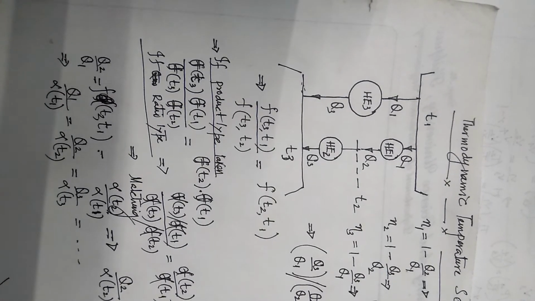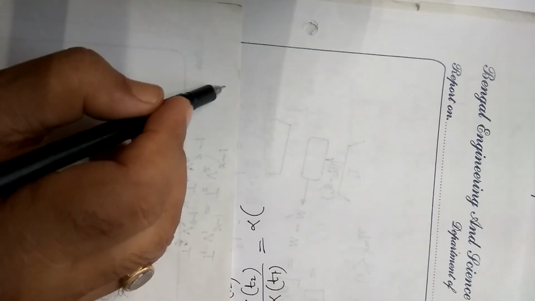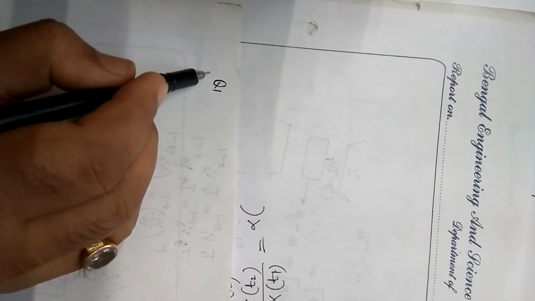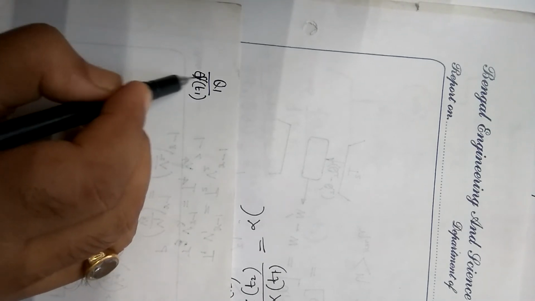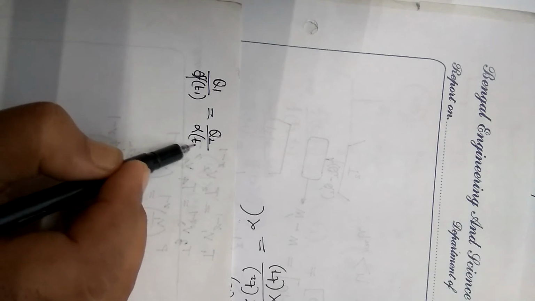So actually what Kelvin did, Kelvin had taken a very simplified function. So what did he say? He said that let me take Q1 by alpha T1 equal to Q2 by alpha T2.